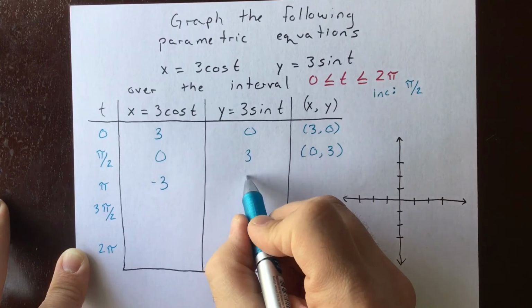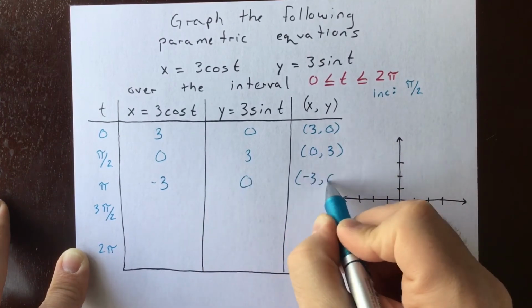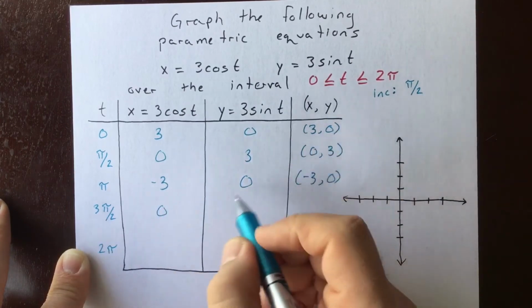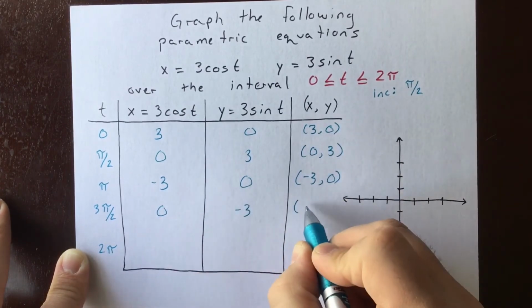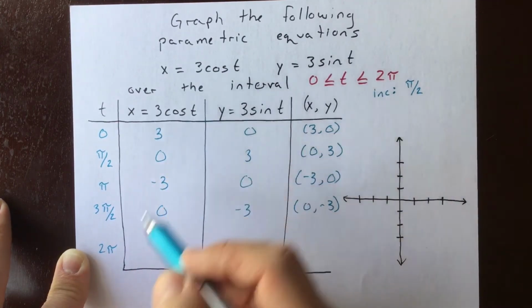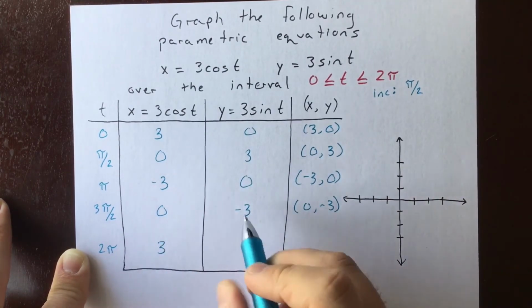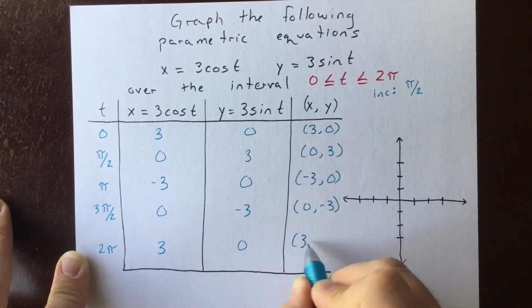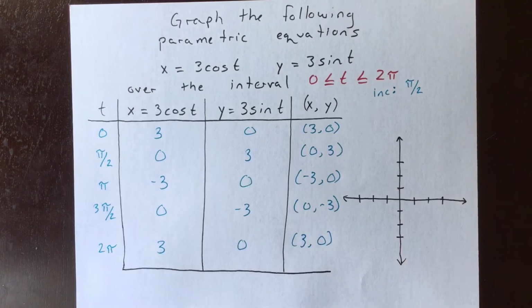Sine of pi is 0. Cosine of 3 pi over 2 is 0. Sine is negative 1, so we get negative 3. And then cosine of 2 pi is 1, so you get back to 3 and 0. Alright, it wasn't that bad.